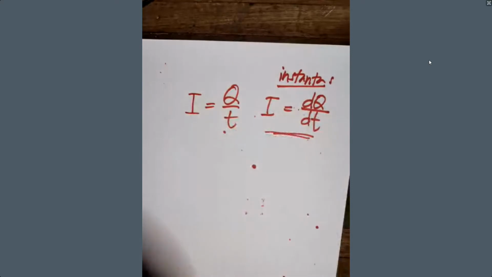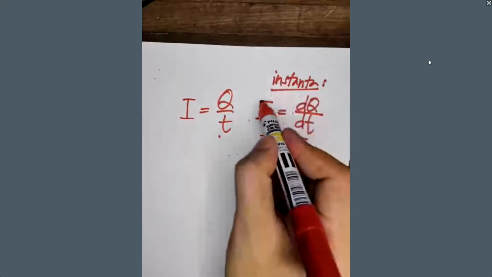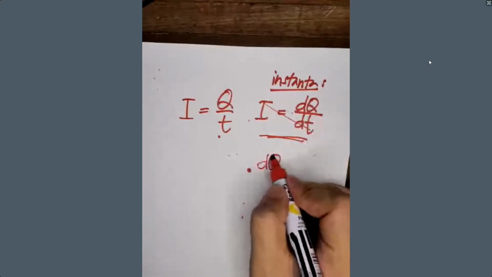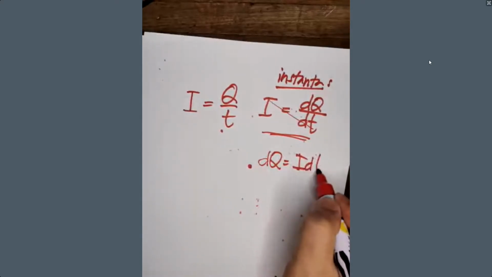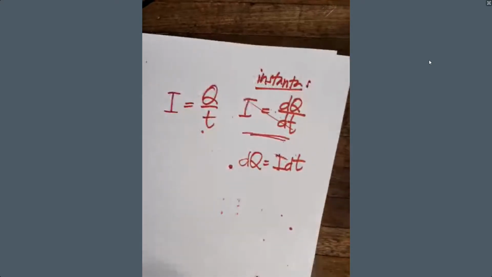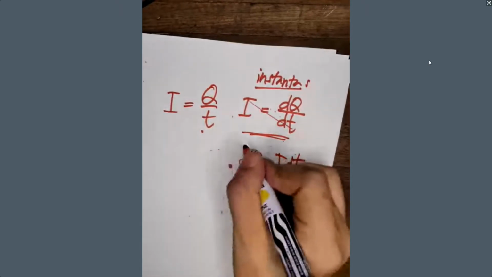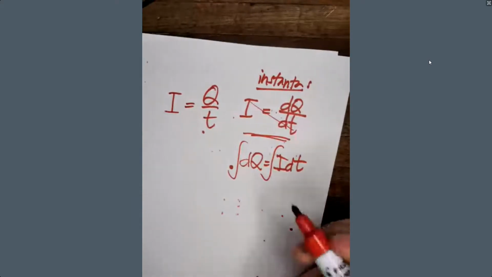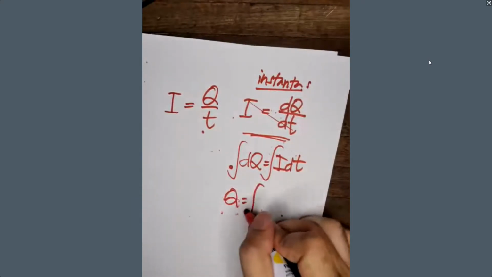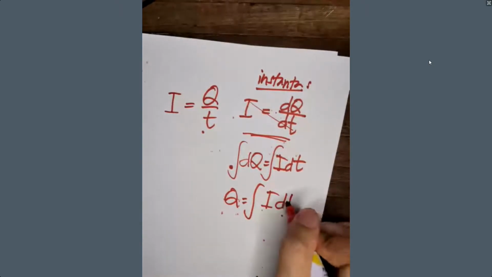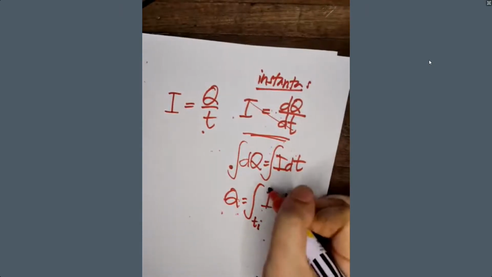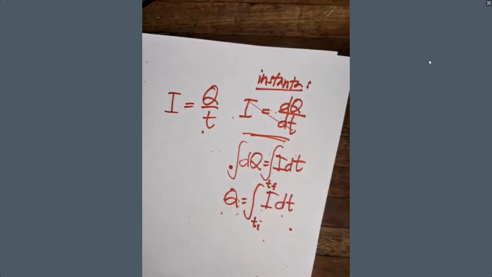What if charge yung pinag-usapan? Ang gagawin natin is just cross multiply, so dq is equal to I dt. If you want to get the total charge given the equation of the current, we'll just integrate. Therefore, Q is equal to the integral of I dt from the limit of t initial to t final. Kaya nakuha natin yung formulang yan.